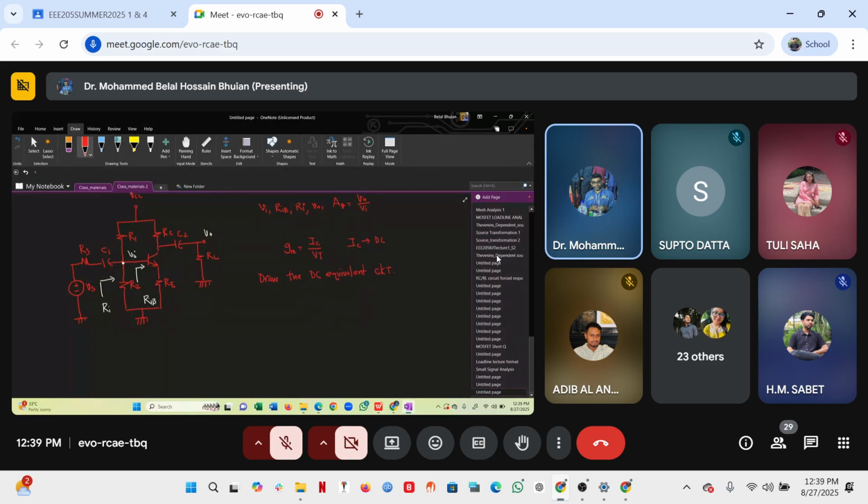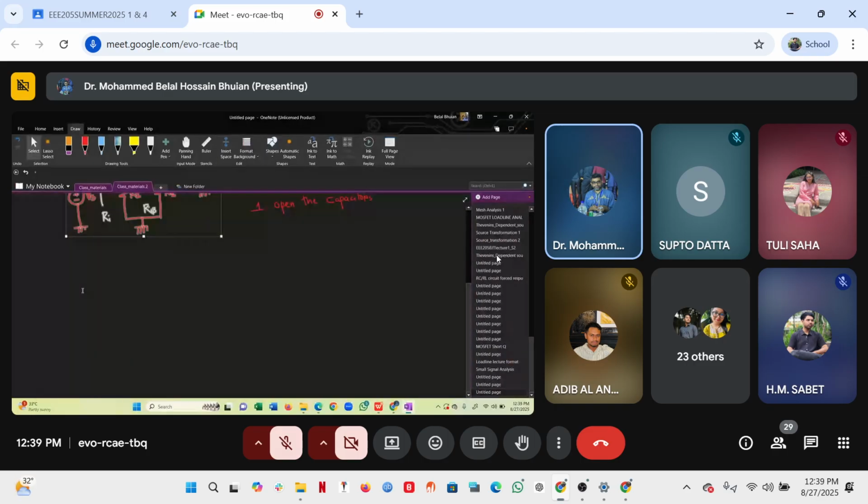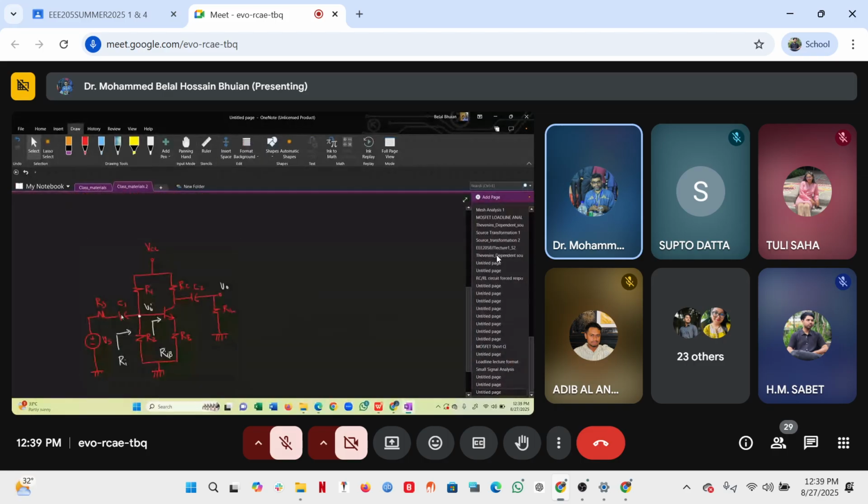So step one, open the capacitor. So what I'm going to do, copy it and then paste it here. So we have this capacitor, it is open, and this capacitor is open. So the capacitors are all open.